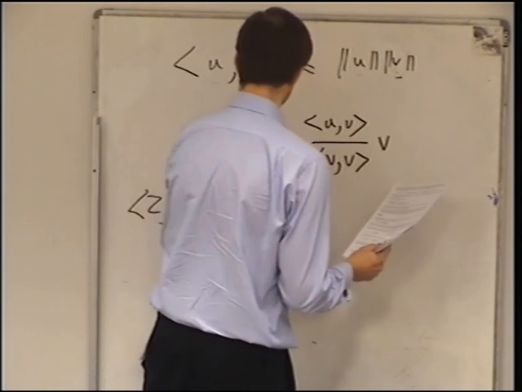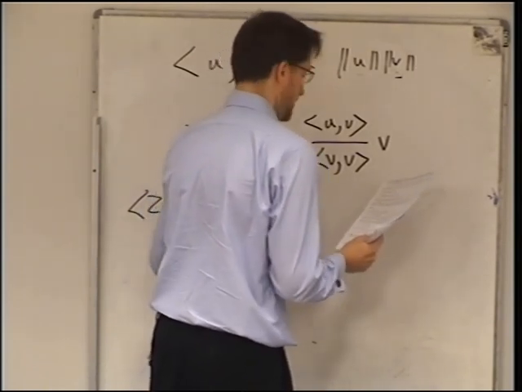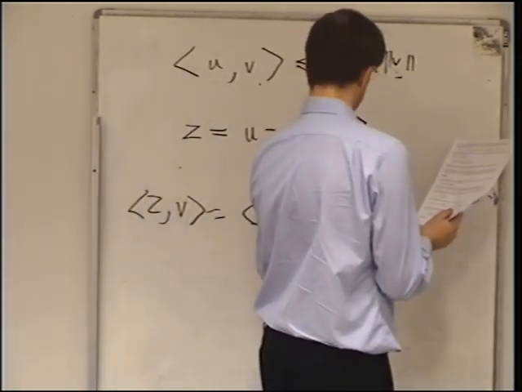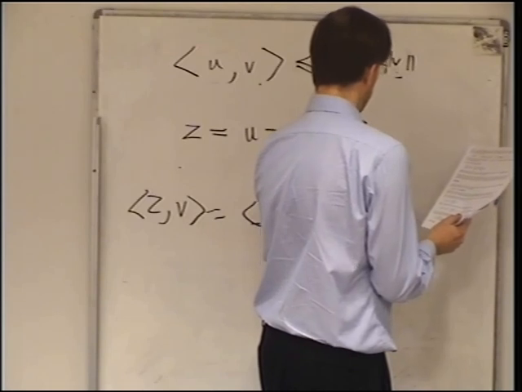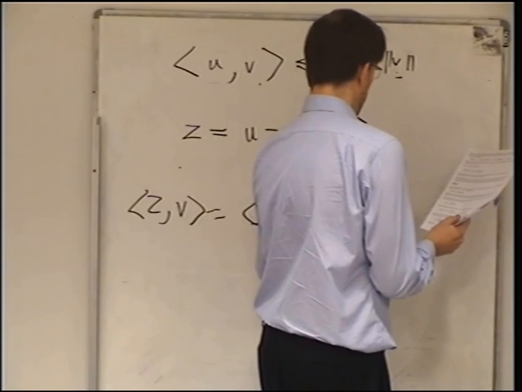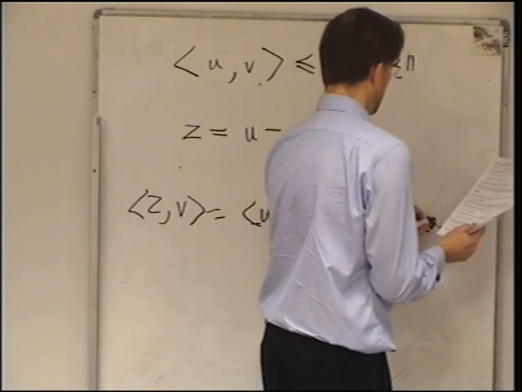Sorry, no z anymore, I'm substituting. That's going to be equal to (u,v) minus (u,v) over (v,v) times v.